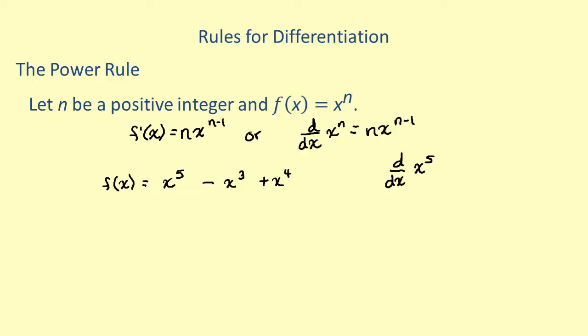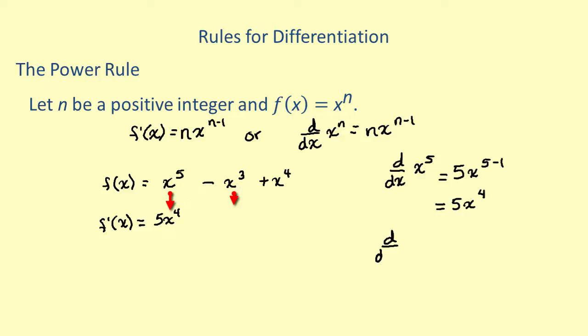Using the power rule, the derivative is equal to 5 times x raised to the power 5 minus 1. Simplifying the exponent, we get 5 times x to the fourth. So, f prime of x equals the derivative of x to the fifth, 5x to the fourth, minus the derivative of x cubed plus the derivative of x to the fourth.